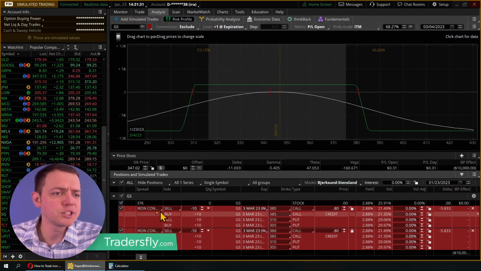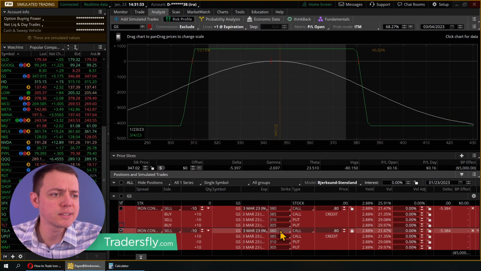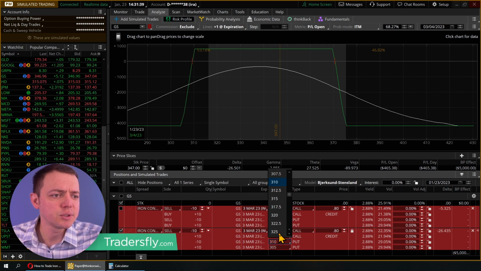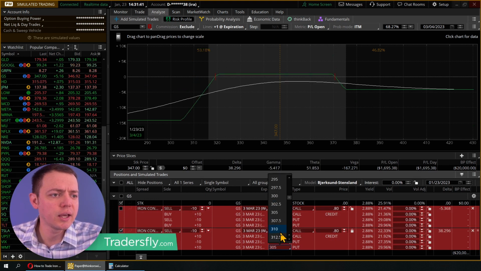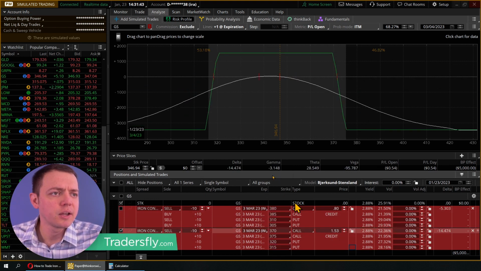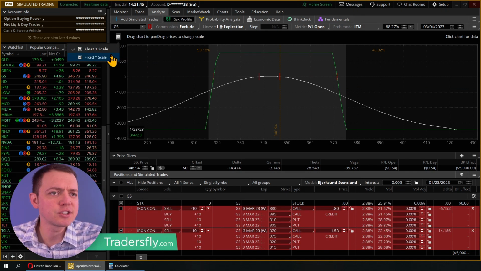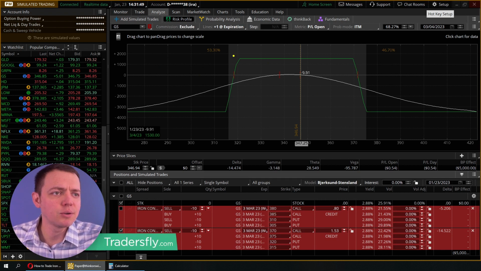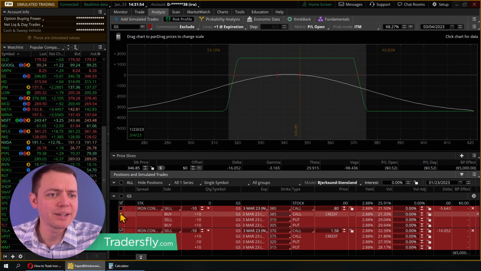Now, if I was to tweak this one a little bit, and let's say I brought it in 10 points or so, this one's 320 and 315. Now I've got one that's a little tighter. What you can see is the difference in the amount to make versus the amount at risk, comparing it to the other one.